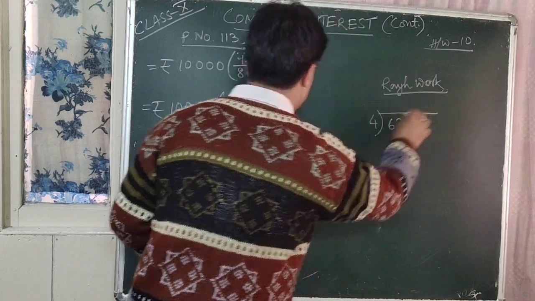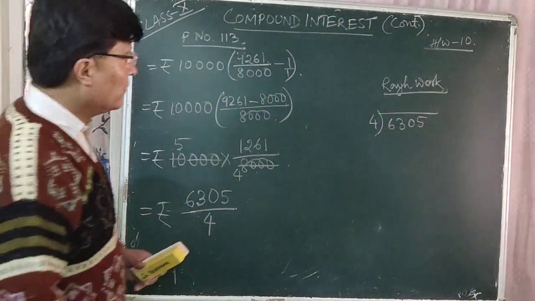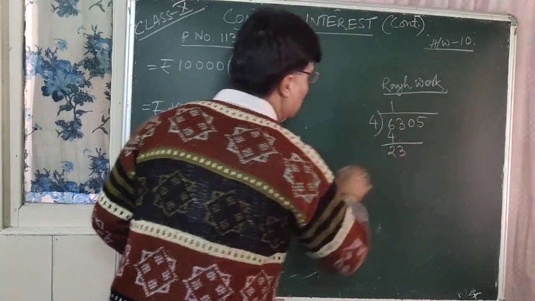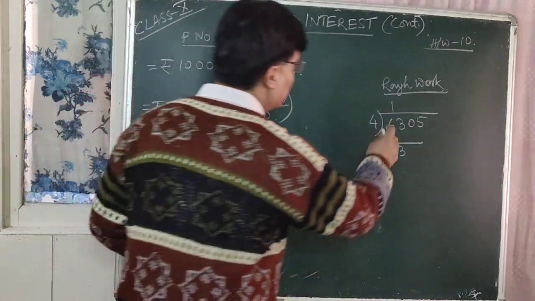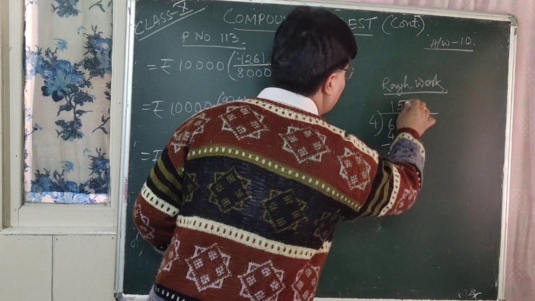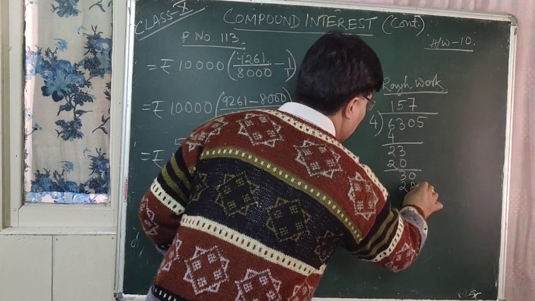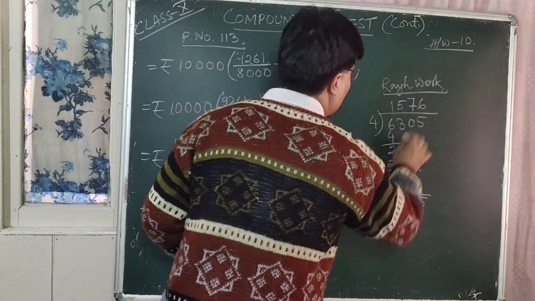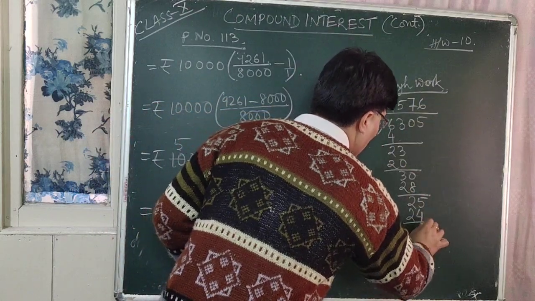Now divide it. 4 1s are 4. Remainder 2, 23, that is 4 5s are 20, 3, 0, 4 7s are 28, 2 remainder 5, 4 6s are what? 24, 1.